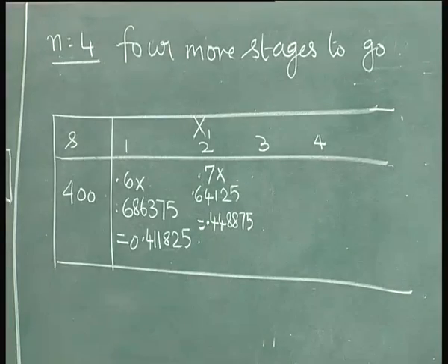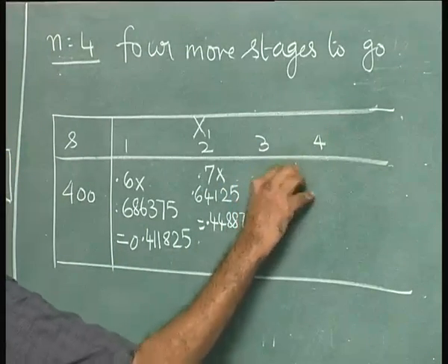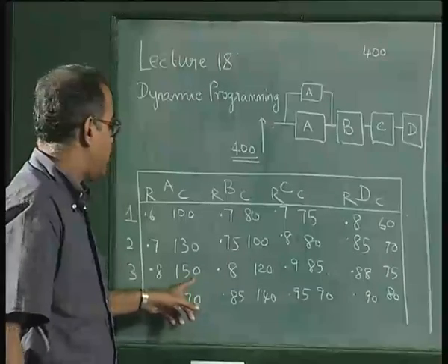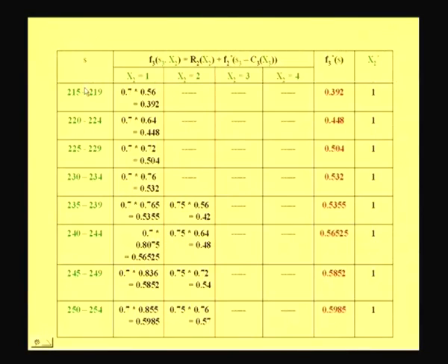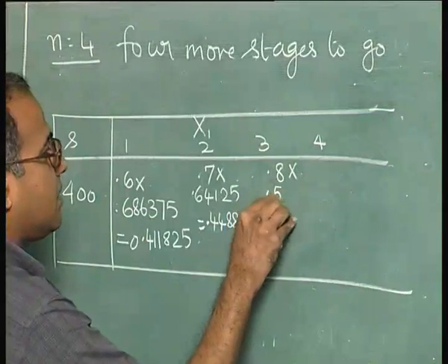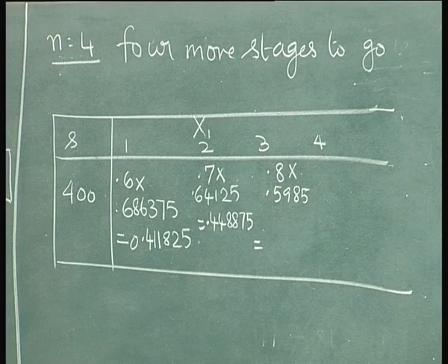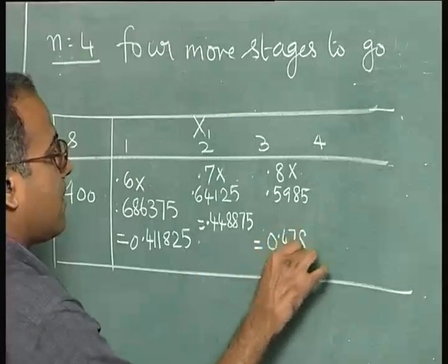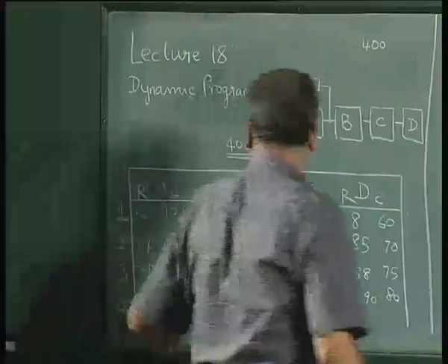Now when x1 equal to 3, we get a reliability of 0.8, and we spend 150 out of the 400 available. So we have a balance of 250. So we go to the previous table to find out for 250 the value is 0.5985, and this multiplication 0.8 into 0.5985 gives 0.4788. For x1 equal to 4 you could get a reliability of 0.9.